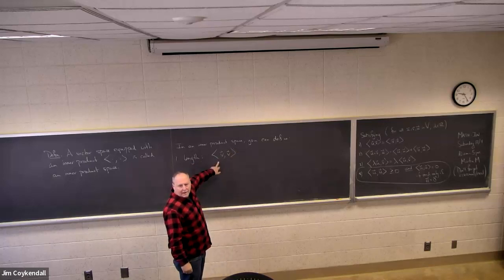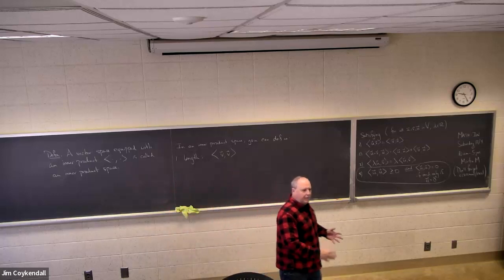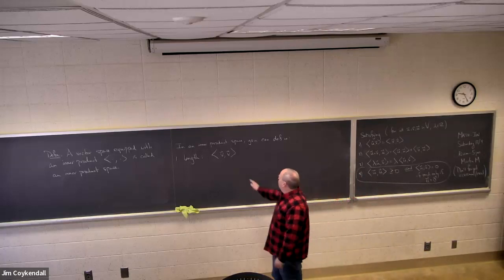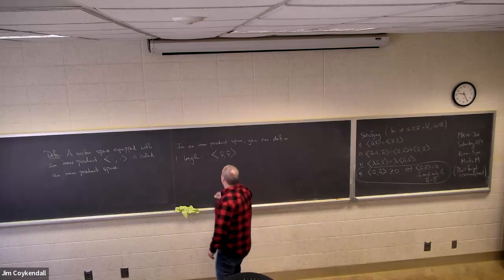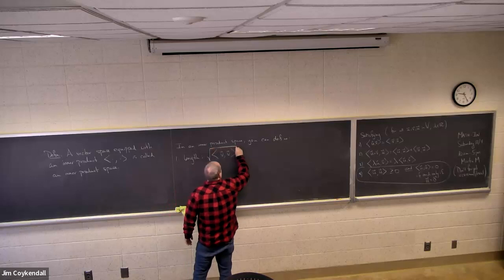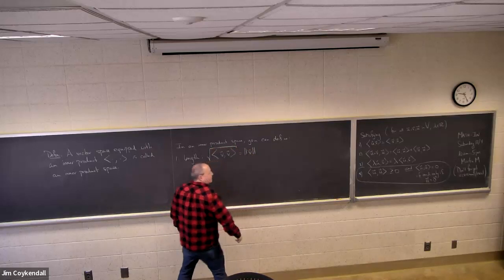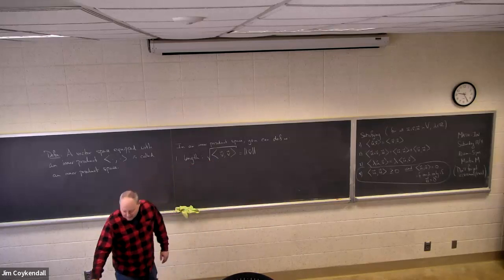If you want to measure the length of a vector, take the inner product with itself. And I don't know much, but I do know that this gives you a number. And this number is greater than or equal to 0. And what can I do to a number that's greater than or equal to 0? I can take the square root. So we can define the length.